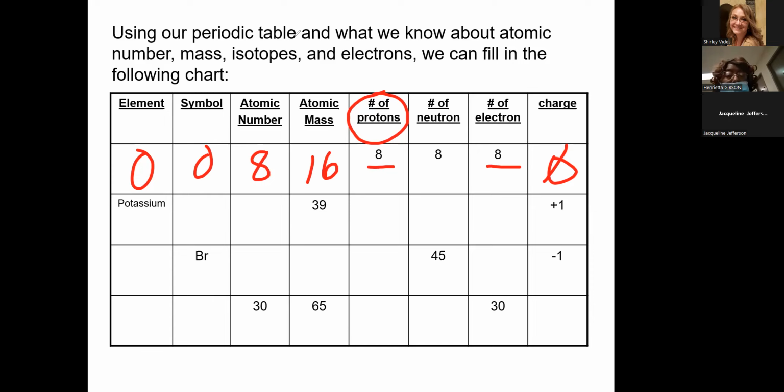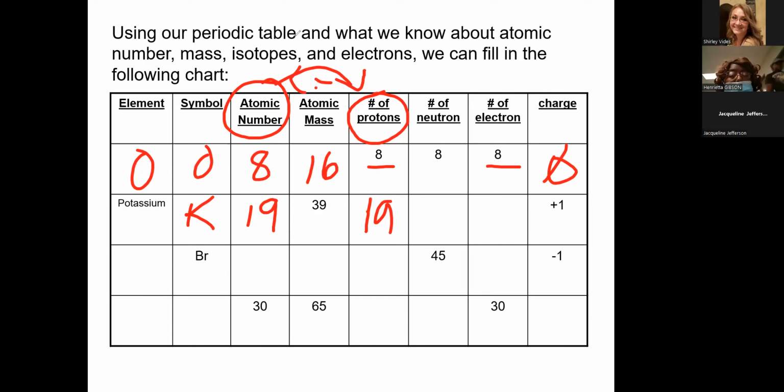All right, potassium, right, is K. We know that the atomic number for potassium is 19. We're looking for that. Remember, the number of protons is the same as the atomic number. So these two are exactly the same. They're equal, right?